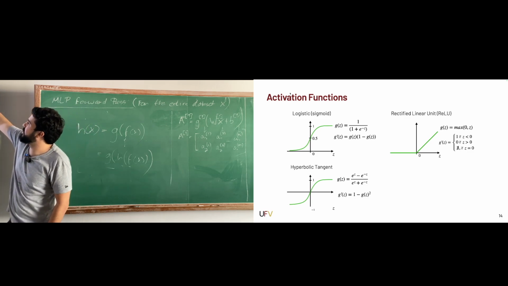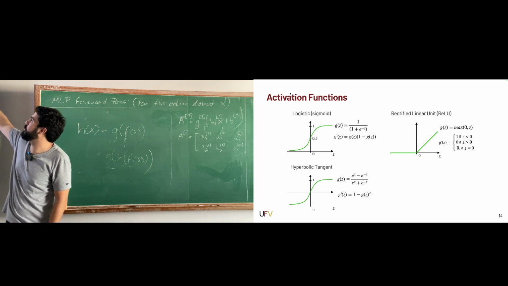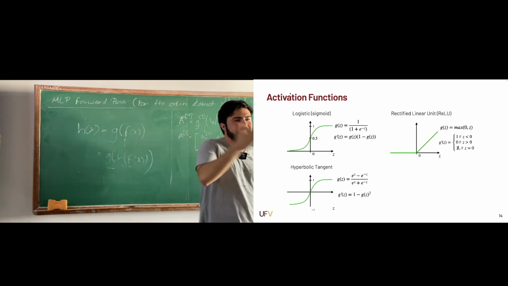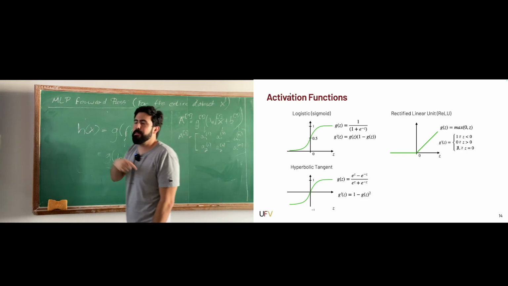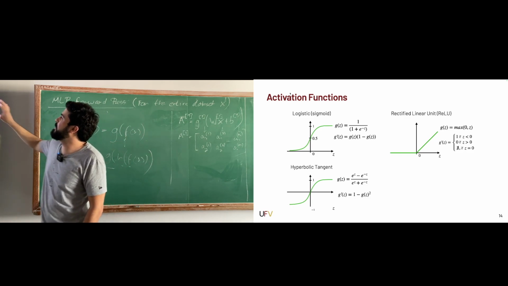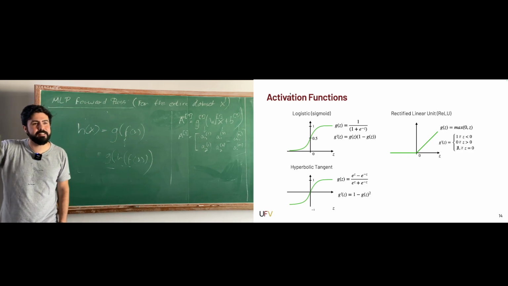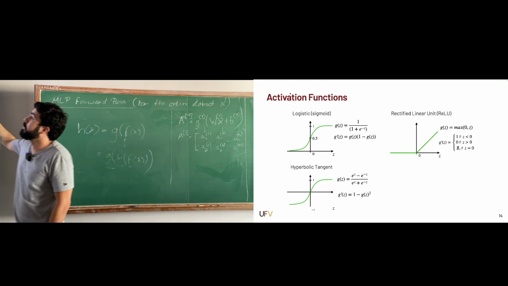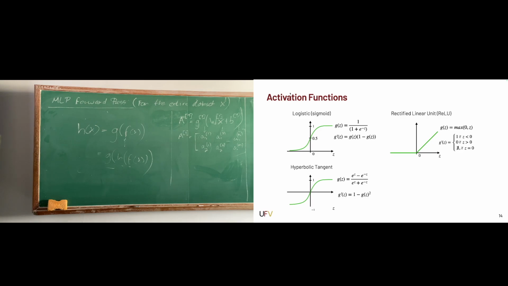Basically, it's defined as g of z equals the max between 0 and z. So it pretty much just takes the number and returns the same number if it's positive, or 0 otherwise. So the derivatives are very simple. That's the one interesting idea of this function. The derivatives here don't involve any multiplications.